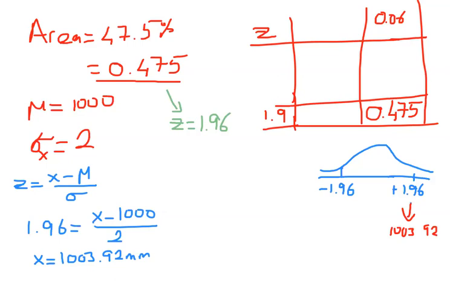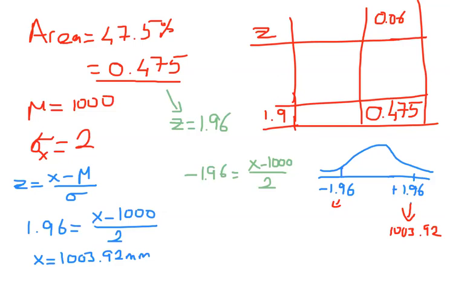That is the data value for this part, 1003.92. And this one, how are we going to find that? We are going to use negative 1.96 equal to X minus 1000 divided by 2. Let's do the calculation.